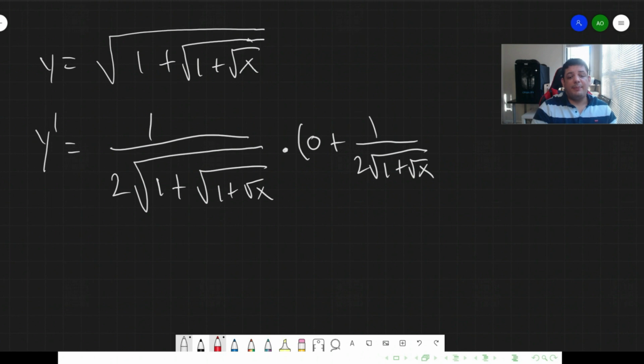And then at that point, I just did the derivative of this, plugged this, and now I need to multiply by the derivative of the stuff inside, which is 0 plus 1 over 2 square root of x. So parentheses and parentheses here. Okay? So you see the idea of how this chain rule can work if more than one function is involved.